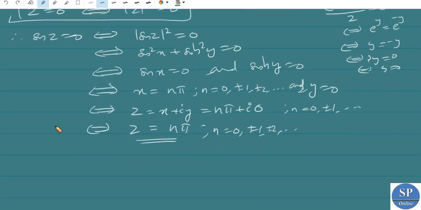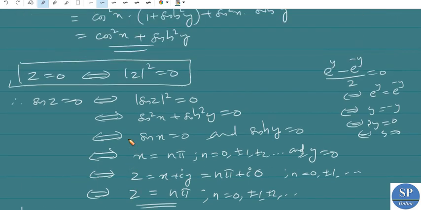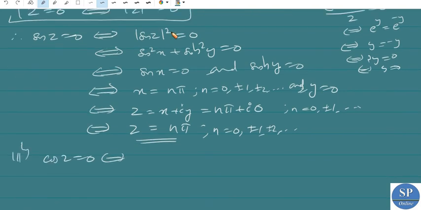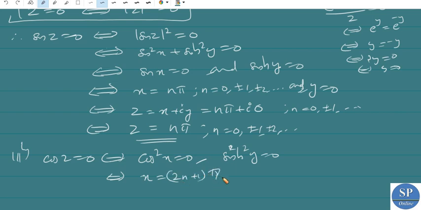Okay, similarly we can write cos z is equal to 0 if and only if cos square x plus sinh square y equals 0. So cos square x equals 0 and sinh square y equals 0. So sinh square y equal to 0 implies y equal to 0, and cos square x equal to 0 implies x equal to (2n plus 1) pi by 2.